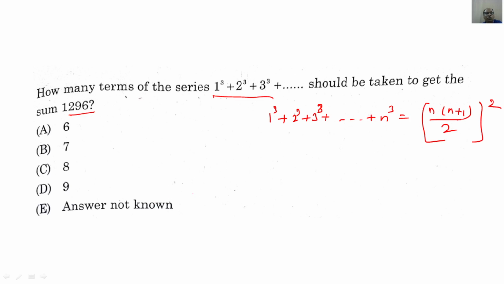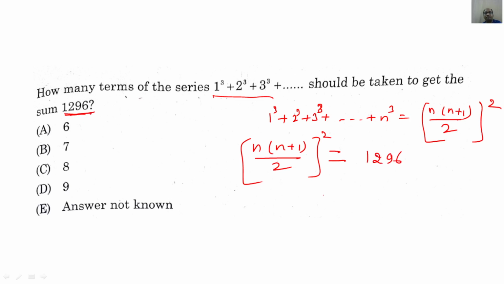So n we do not know. So n we will keep it like this, n plus 1 by 2, and we will make it as square.